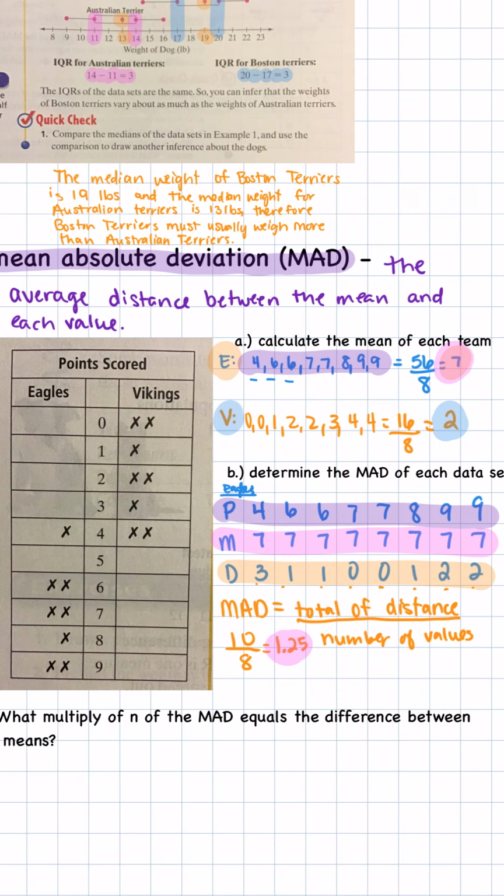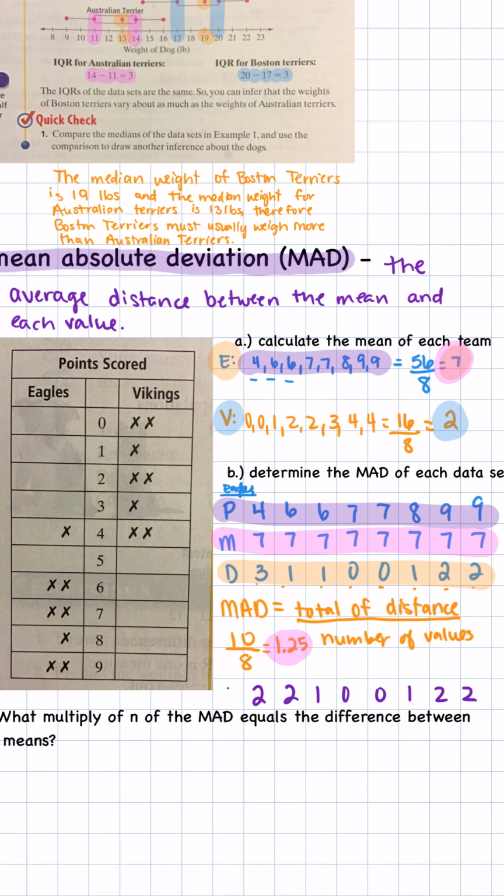So you would want to do the same thing for the Vikings. And so 2 is the number. So I can just literally go 0 subtract 2 is going to be 2. Oh my goodness, why do I always do that? So we have 2, 2, 2 subtract 1 is 1, 2 subtract 2 is 0, 0, 3 subtract 2 is 1, 4 subtract 2 is 2, 4 subtract 2 is 2.